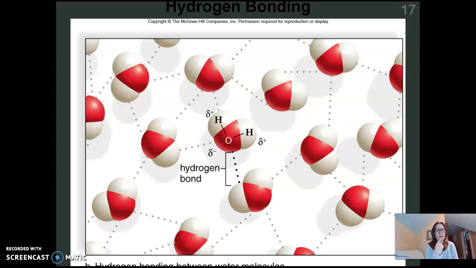And you might be thinking, didn't she say water was polar? Well, it is. Within the water molecule, hydrogen and oxygen are bonded with polar covalent bonds. But between different water molecules, the slight negative charge and slight positive charge cause the hydrogen bonds. So here we would see two different bonds.